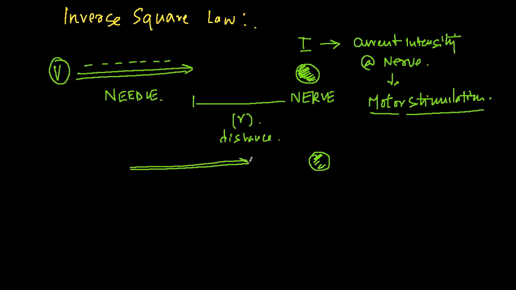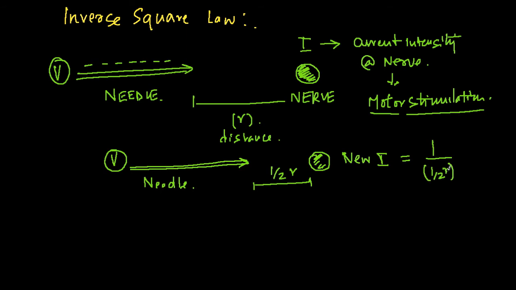And therefore, as we bring the needle closer, as shown in this diagram, say we reduce the distance by half, keeping the voltage constant, then according to the inverse square law, the new current intensity is going to get multiplied by 4 times.